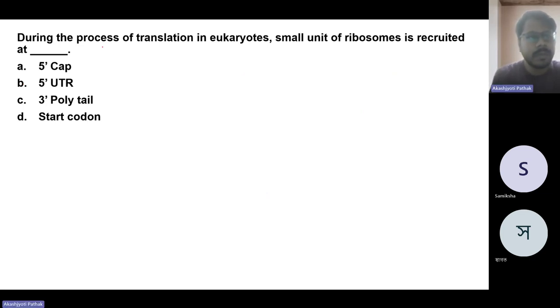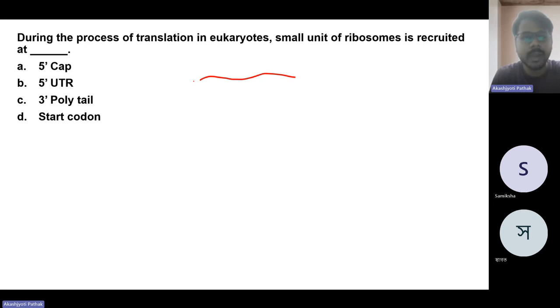Now, moving to the next question: during the process of translation in eukaryotes, the small subunit of the ribosome is recruited at. The options are 5' cap, 5' untranslated region, 3' poly-A tail, and start codon. You have to answer that.